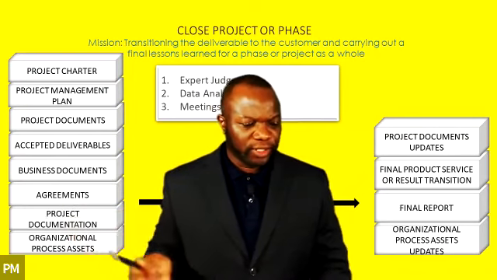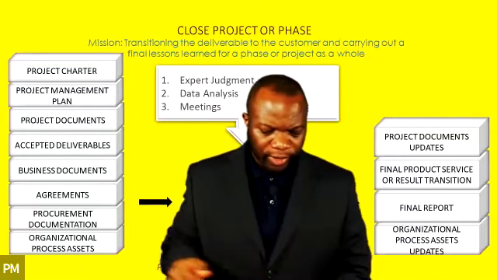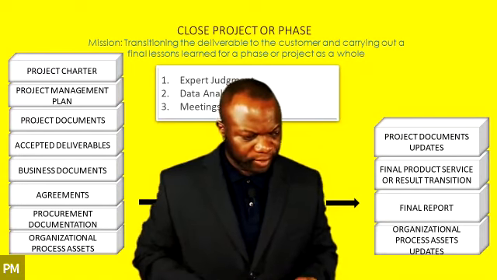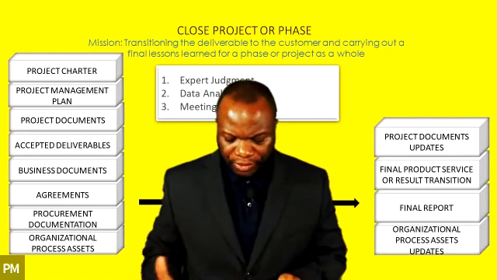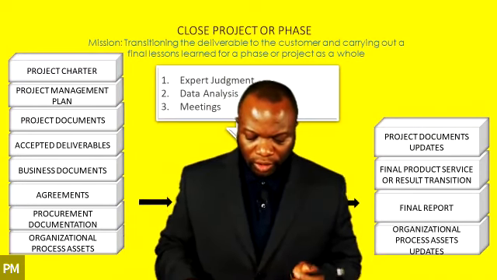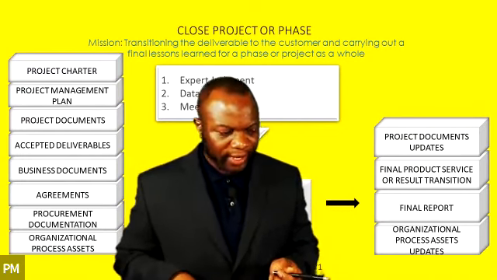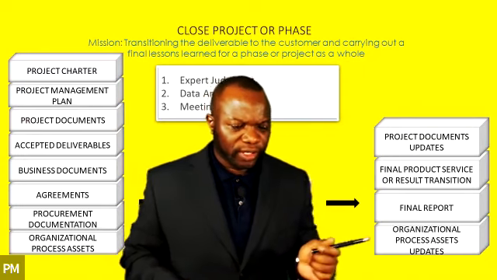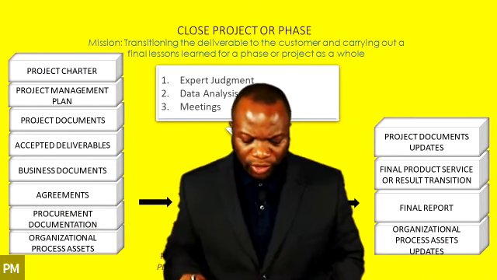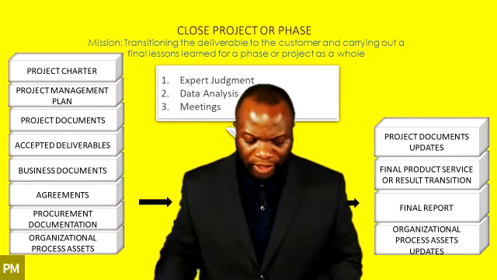Procurement documentation, as it should read. So let us magically change. There we go. So procurement documentation, as you can see, it says on page 125, to close the contract, all procurement documentation is collected, indexed, and filed. So when you take a look at procurement documentation, they're really talking about any form of procurement documentation.